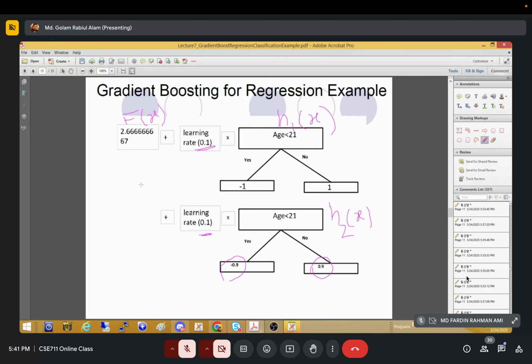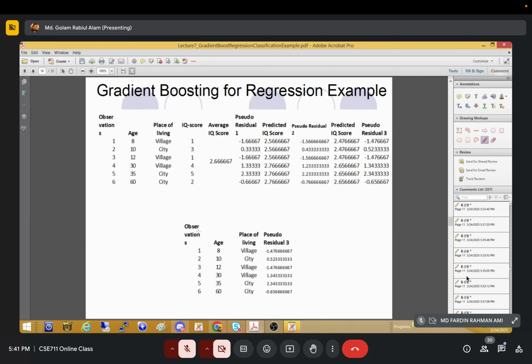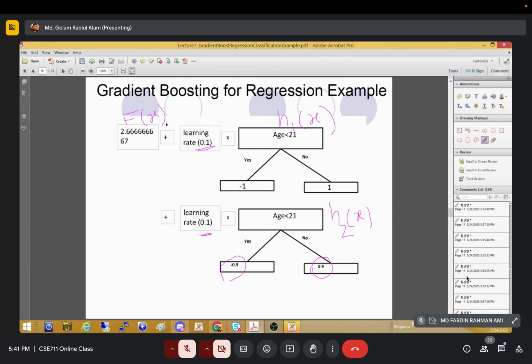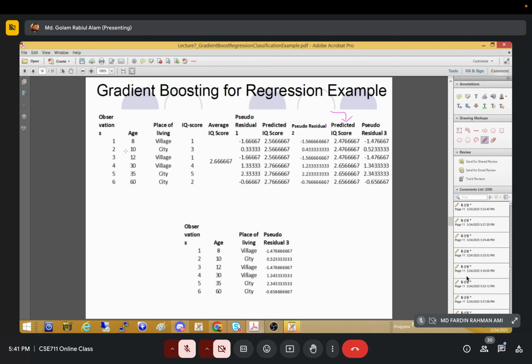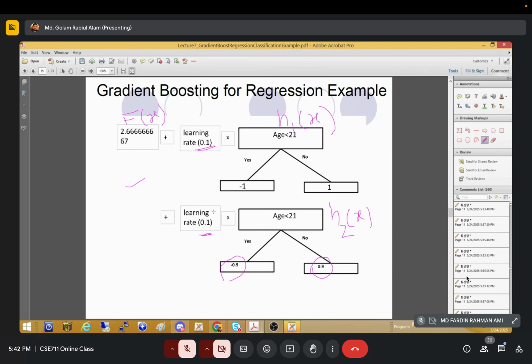Considering this model, we again have to find our pseudo residual values. Now the predicted IQ score: if we pass the first observation, age 8 and place of living village, then it will be 2.67 plus the learning rate 0.1 times, and age is 8.